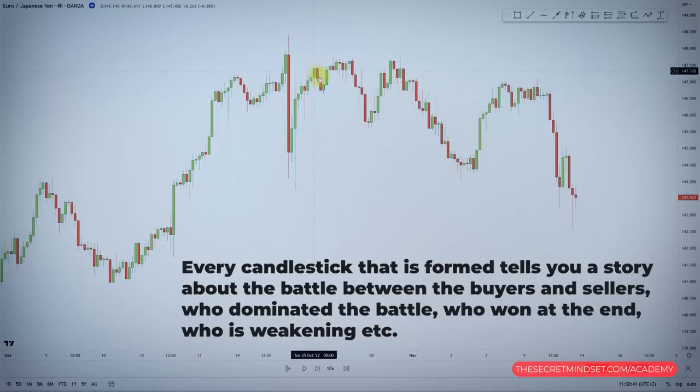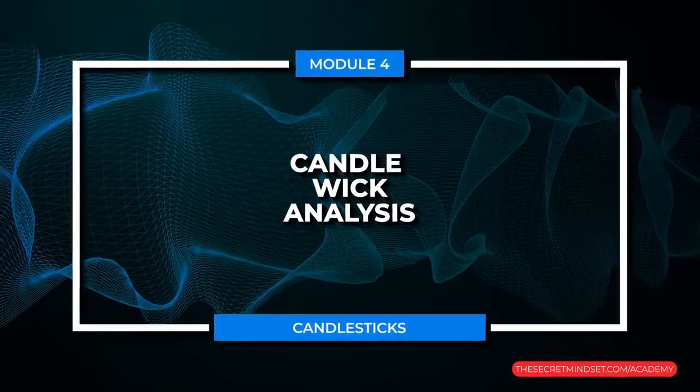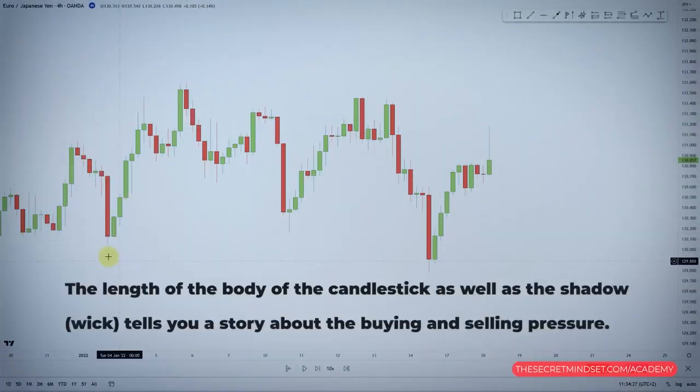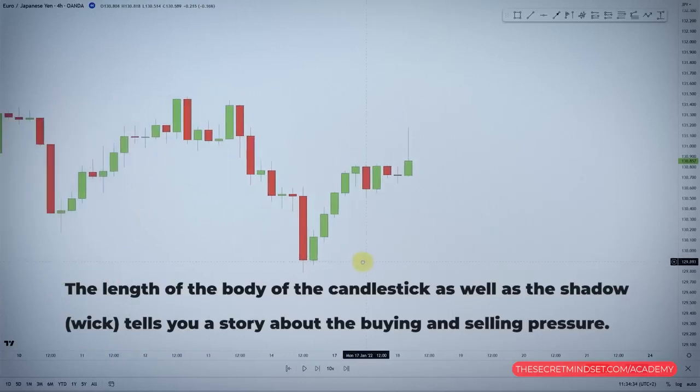Who dominated the battle, who won at the end, and who is weakening. All of this is reflected in any candlestick you see. The length of the body of the candlestick, as well as the shadow or the wick, tells you a story about the buying and selling pressure.